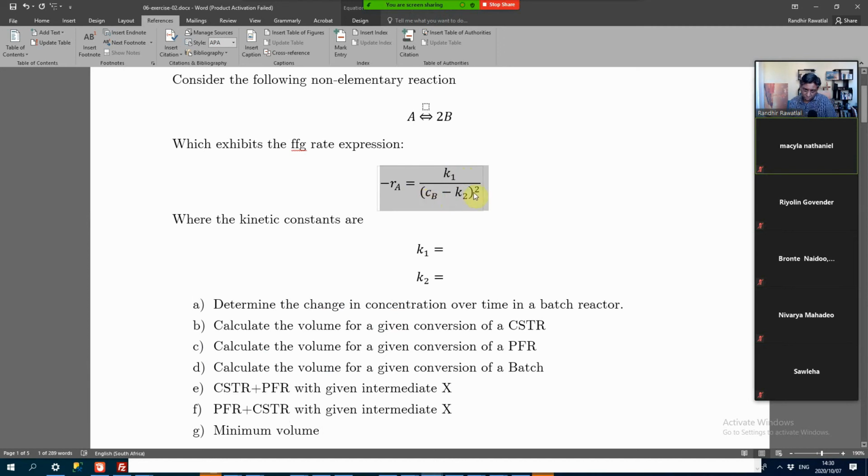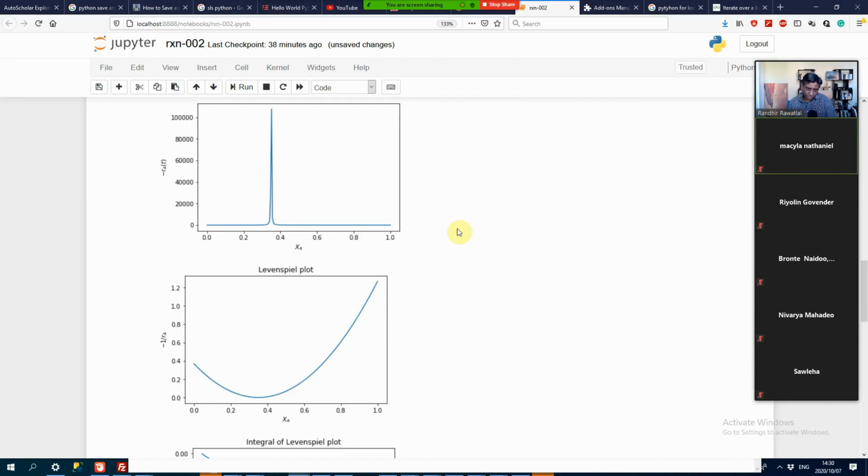So just the numerator gets close to 0. When you plot 1 over RA, the number goes close to 0 there, which is not a problem in this case. So that's the Levenspiel plot for that rate expression.